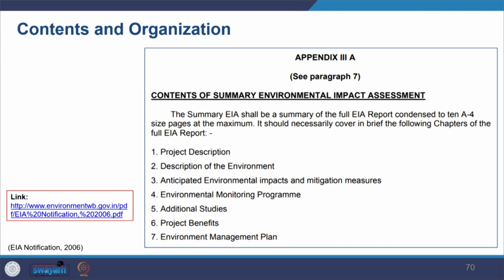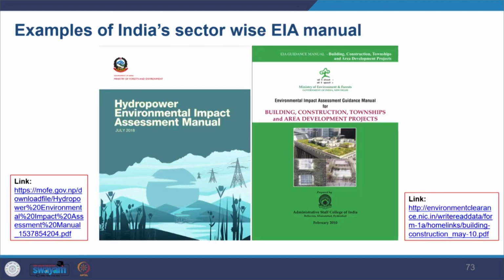You can see here what kind of summary would come as per the EIA notification. And in India, we have sectoral manuals, which give guidelines on the various content one has to develop for different sectors.